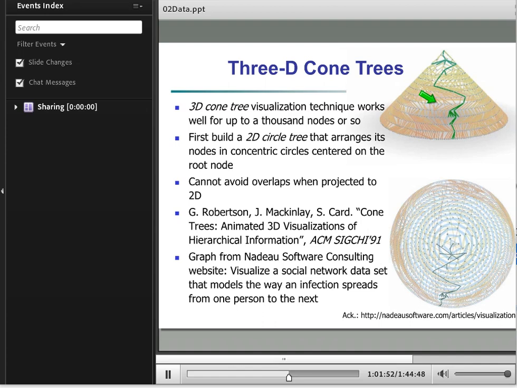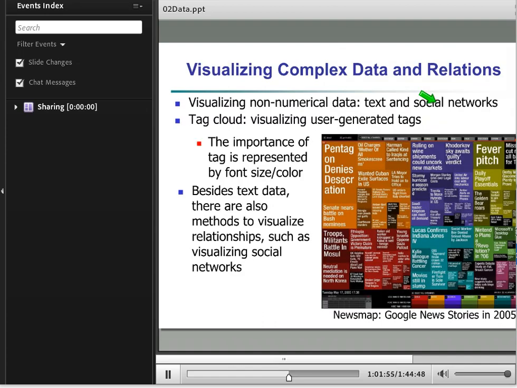Okay. InfoCube is another 3D visualization for showing a hierarchy. Maybe someone uses a cone, and if your data is complex, you can use similar methods, for example, like tree map methods or something like that.